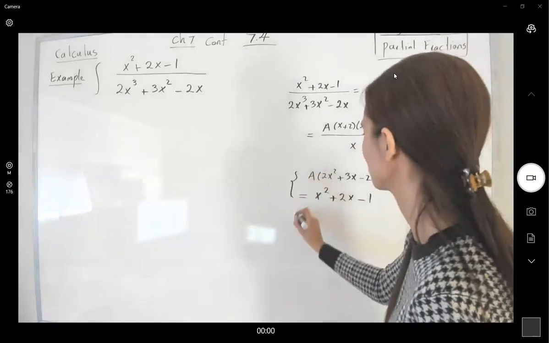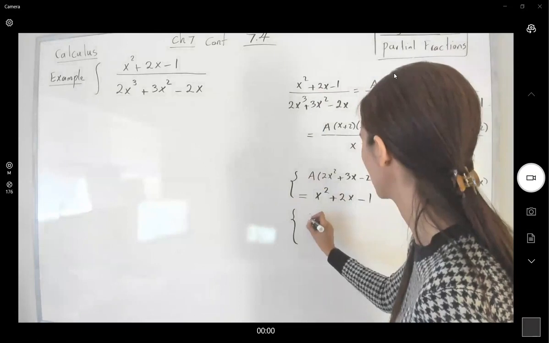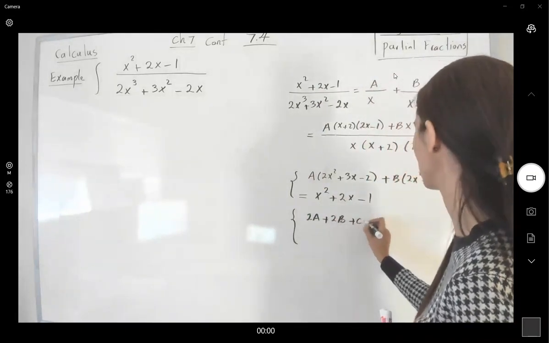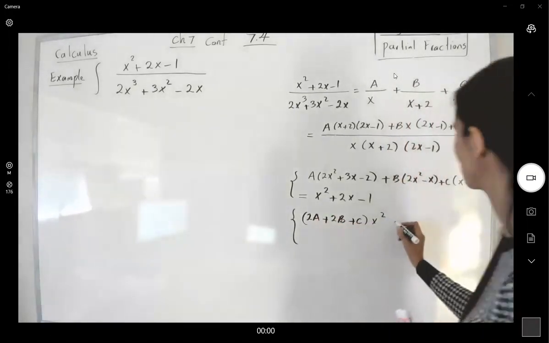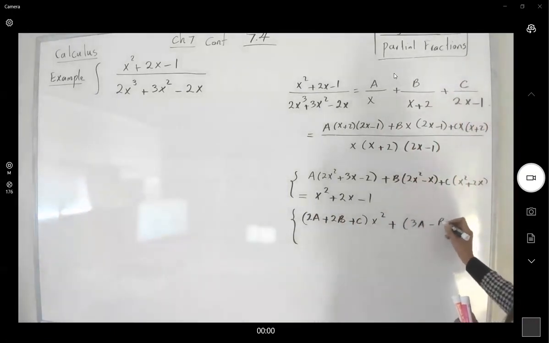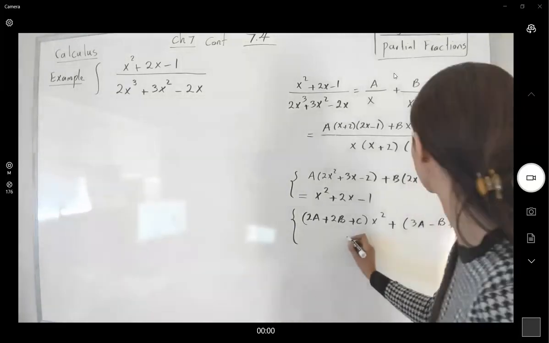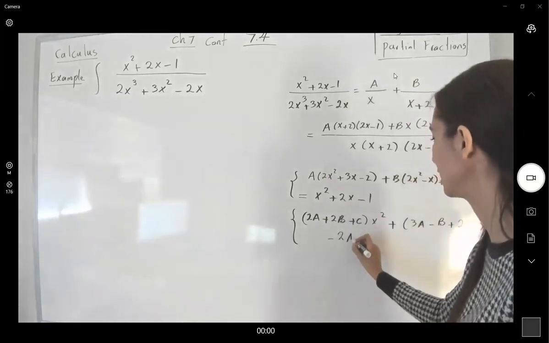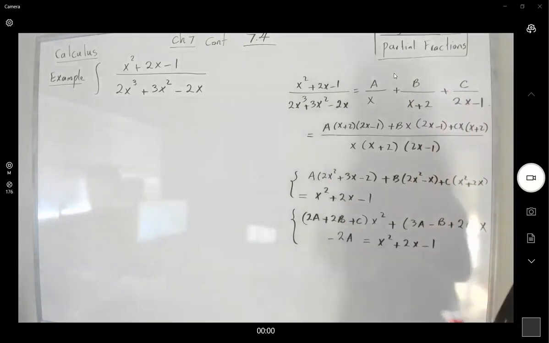It means that here we have 2a plus 2b plus c times x squared plus 3a minus b plus 2c x, and here minus 2a is equal to x squared plus 2x minus 1.